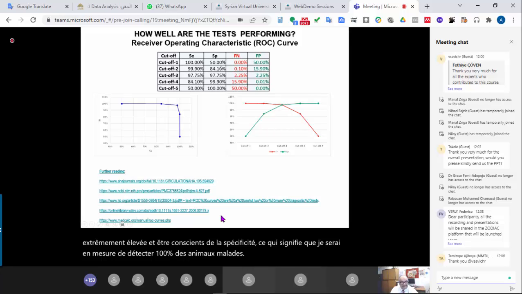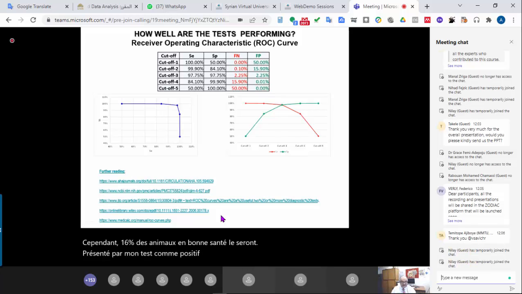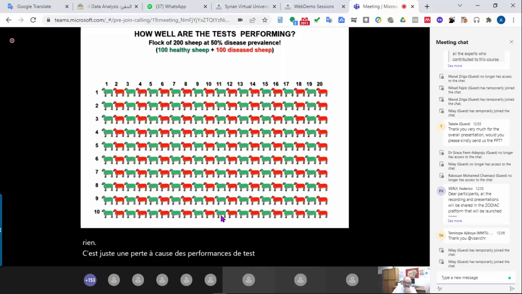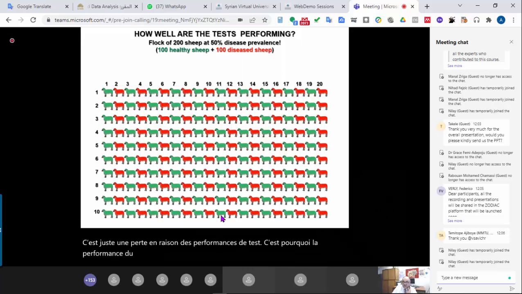However, 16% of the healthy animals will be presented by my test as positive. So I may slaughter these animals for nothing. This is just a loss because of the test performance. That's why the test performance is extremely important.